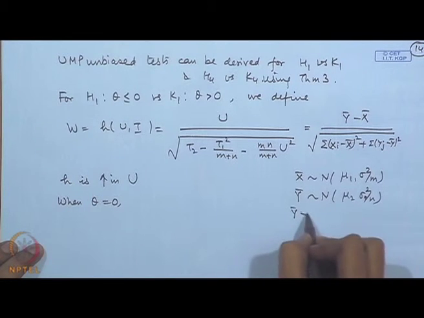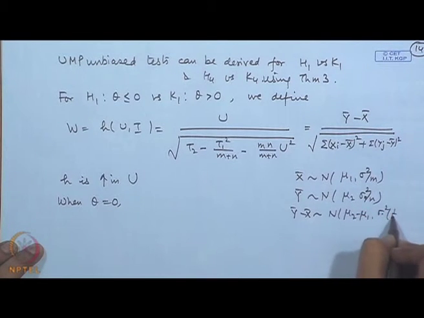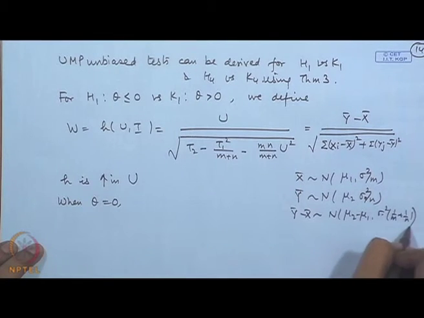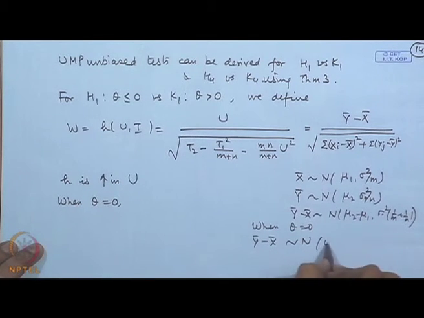The distribution of y bar minus x bar is normal mu 2 minus mu 1, sigma square (1 by m plus 1 by n). So, when theta is equal to 0, y bar minus x bar will follow normal 0, (m plus n) by m n sigma square. The distribution of y bar minus x bar is free from theta.